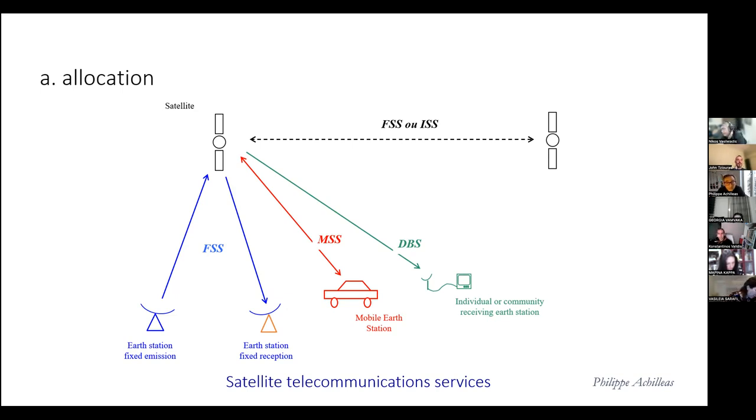So all these services are using different frequencies. So it's a first way to avoid harmful interferences between services. Okay, a satellite operator providing mobile services will use dedicated frequencies for mobile services by satellite.